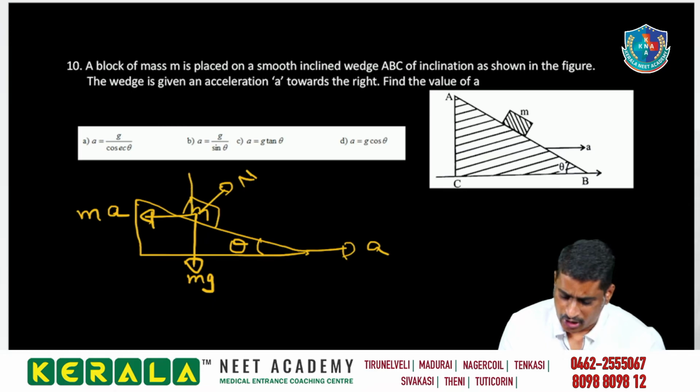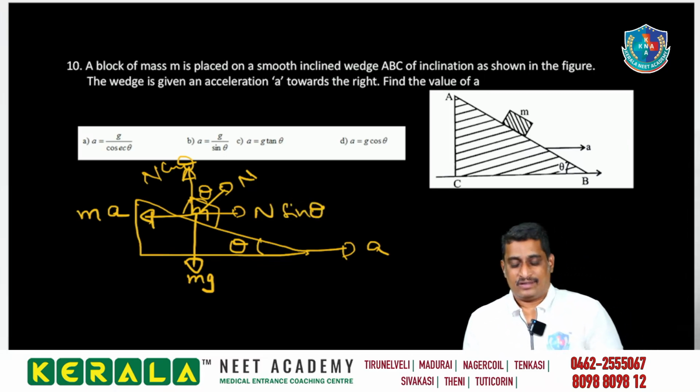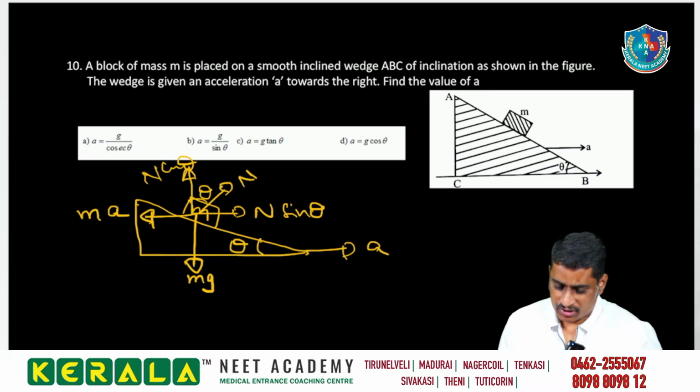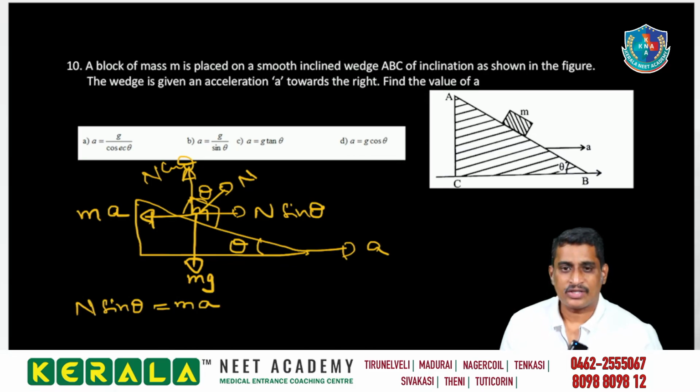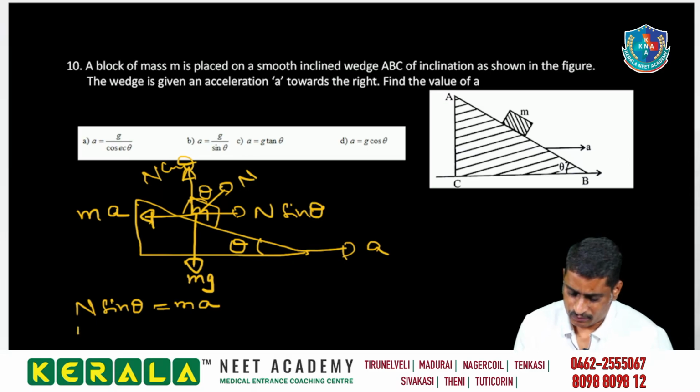We can resolve this normal force into two components. This angle also will become theta. So this will be N cos theta. This component will be N sin theta. Now we can balance these forces. We can write N sin theta will be equal to ma. This is one equation. And another equation in vertical direction, N cos theta will be equal to mg.